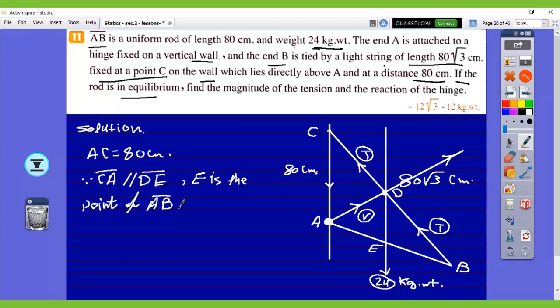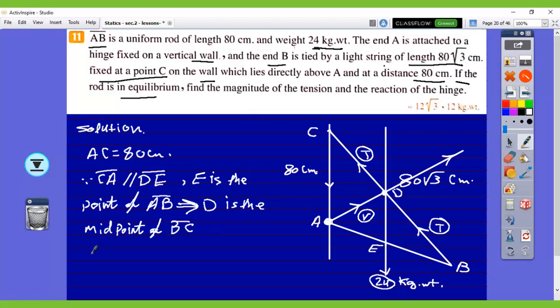So we can deduce that D also is the midpoint of line segment BC.